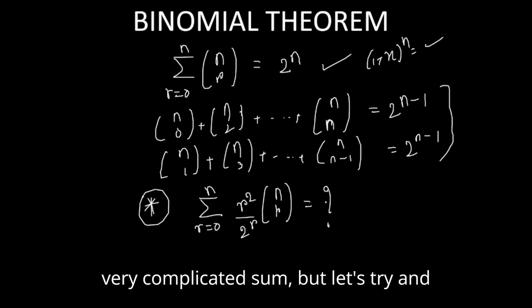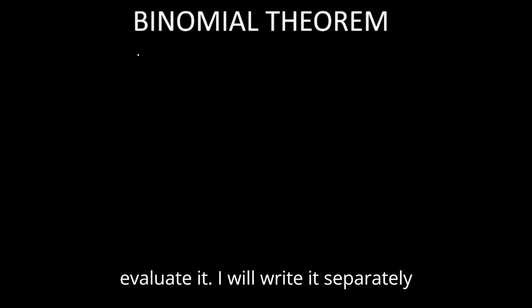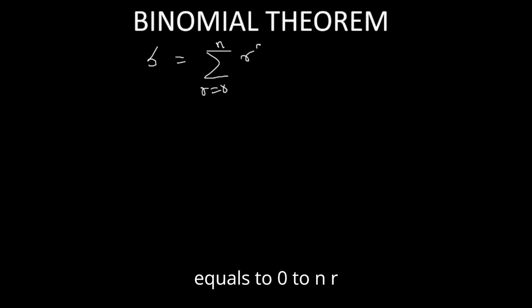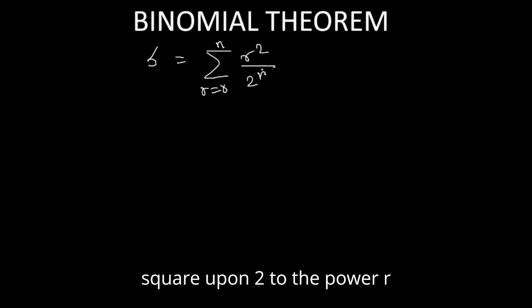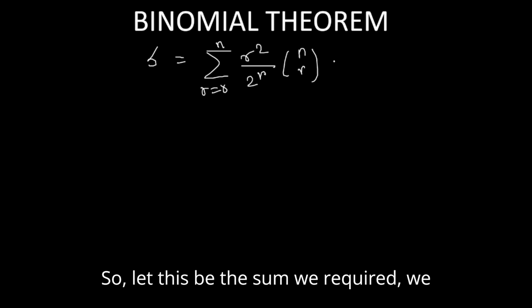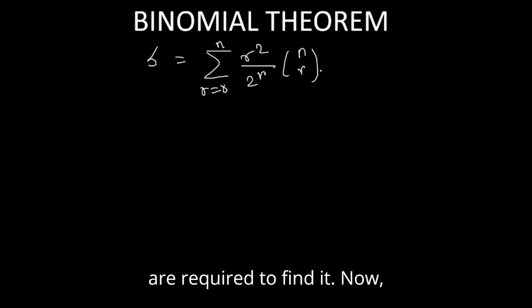Now this looks like a very complicated sum, but let's try and evaluate it. I will write it separately and I will call it S. So S is the sum r equals 0 to n, r square upon 2 to the power r, whole into n choose r. So let this be the sum we're required to find.